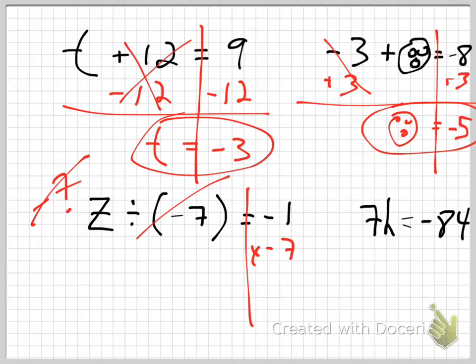A negative times a negative is a positive. Does that make sense, Donovan? Every negative sign matters. You have to deal with every negative sign. You will always be wrong if you ignore the negative sign.